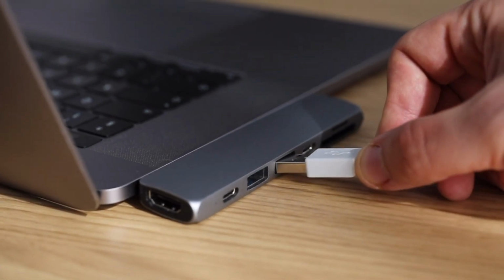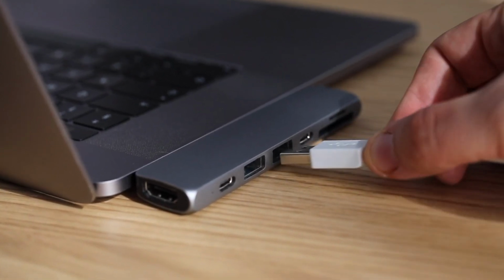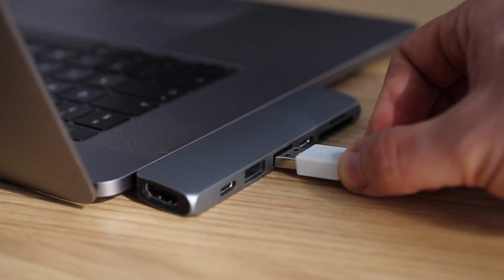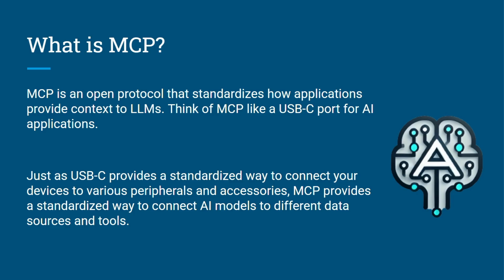You know how USB-C works across tons of different devices and accessories, right? It is just one universal way to plug things in and have them work together. MCP does the same thing. It gives developers a consistent way to hook up models to various data sources, tools, or systems without having to reinvent the wheel every time.